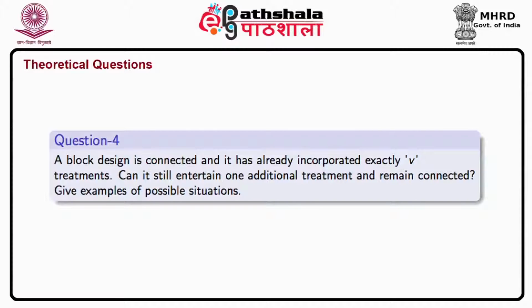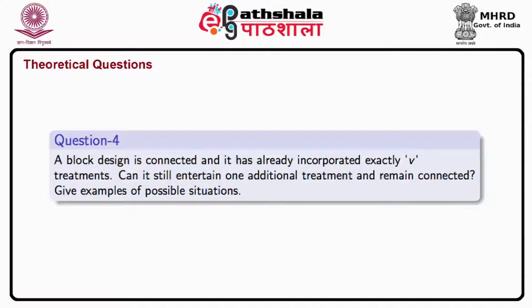Can I just put it in somewhere, because I am tight on the blocks and the block compositions? If I have to incorporate one more treatment, I have to take out one and plug that one in, because there is no extra block size coming up. It's not that you increase k to k plus 1. That is not the issue. You only take out one and put the new treatment.